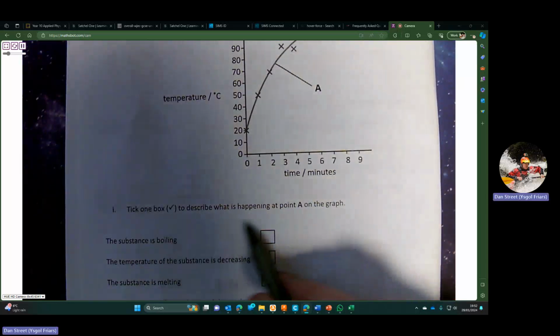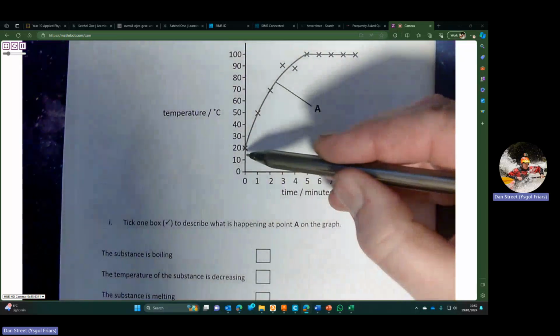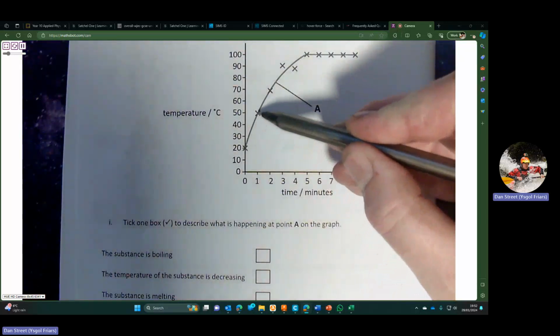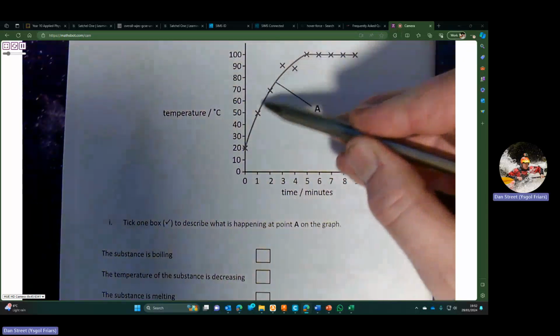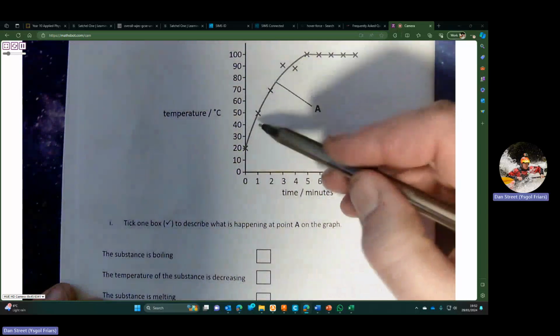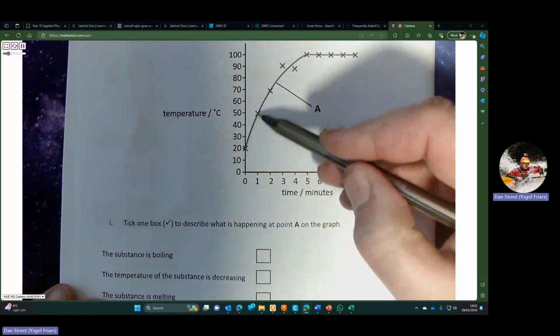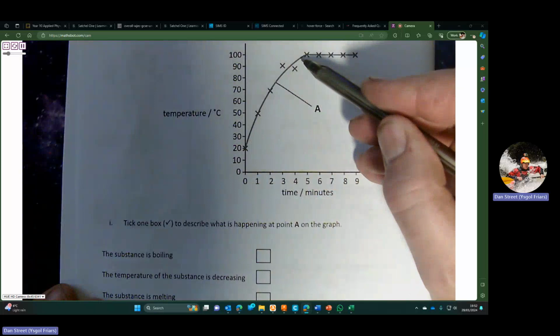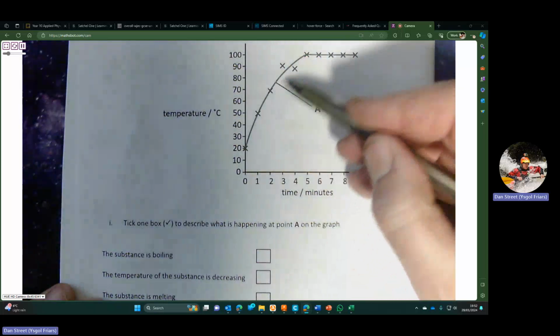Tick 1 box to describe what's happening at point A on the graph. Okay, so at point A, we can see that the temperature is rising. Okay, so from your work we did on this topic, you should know that that tells us that a substance is heating up. It's not boiling, it's not melting, it's heating up.